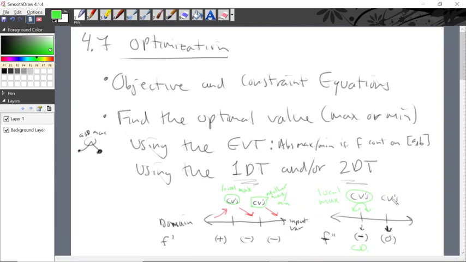And if the second derivative at the critical value is equal to 0, then the result from the second derivative test is inconclusive. In which case, we would revert to the first derivative test instead, to look at increasing and decreasing.